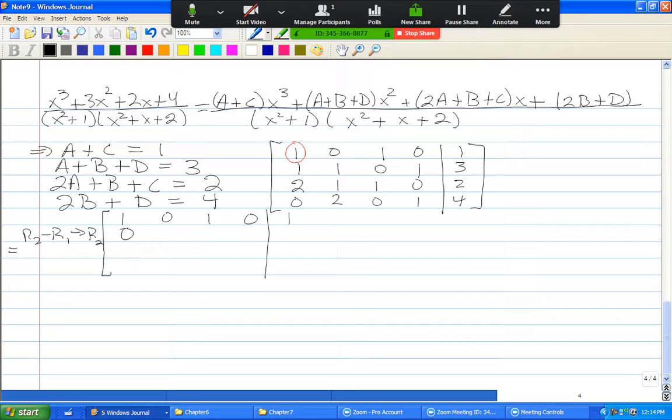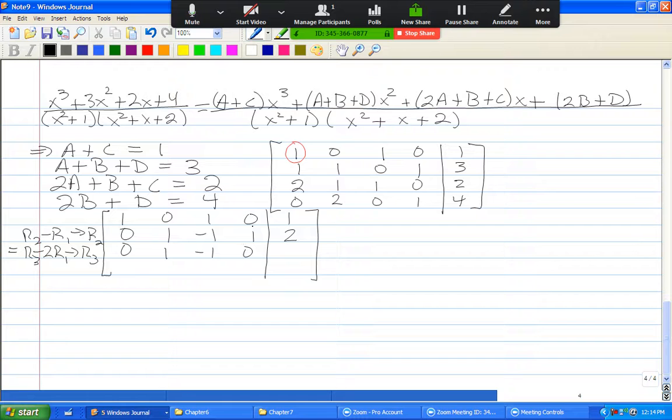So 1 minus 1, 0, 1 minus 0, 1, 0 minus 1, 1 minus 0, 3 minus 1. Okay, let's make this guy 0. So take row 3, subtract 2 row 1 to get a new row 3. 2 minus 2, 1 minus 0, 1 minus 2, 0 minus 0.